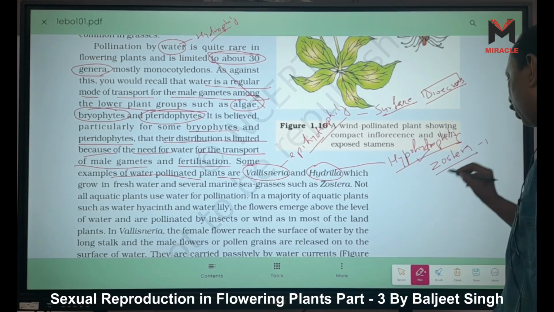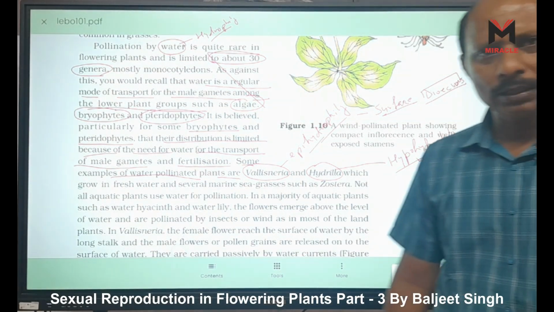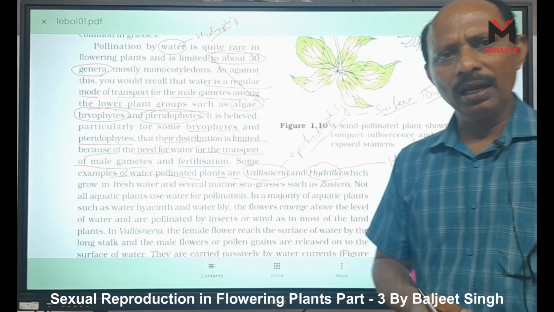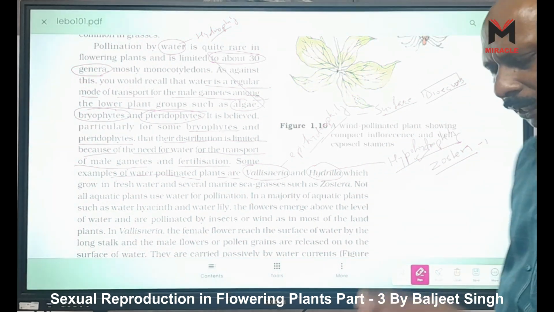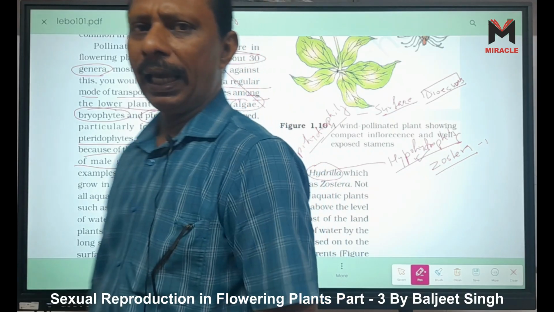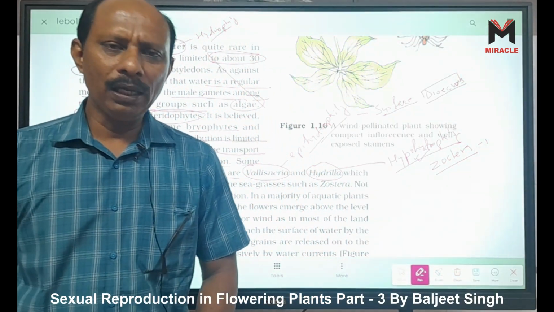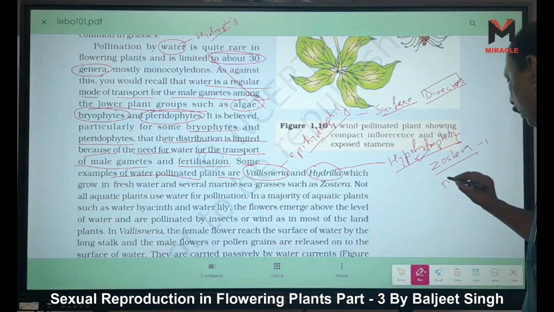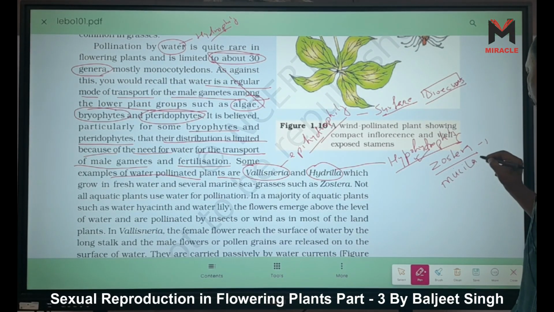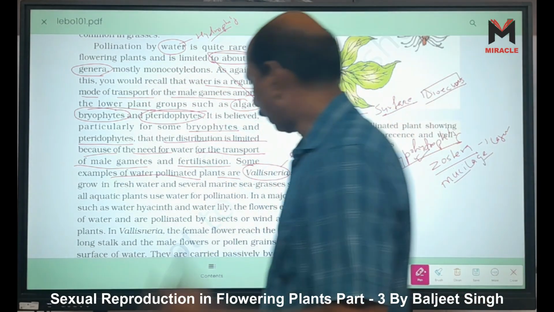I already told you, Zostera has the longest, ribbon-like pollen grains, and these pollen grains, which are present inside the water, have no exine. In place of exine, they have a mucilage layer, which protects them from wetting, right?